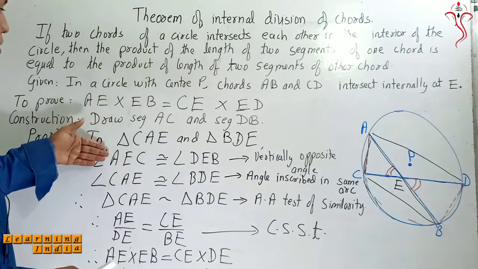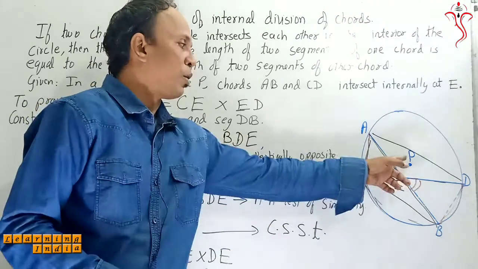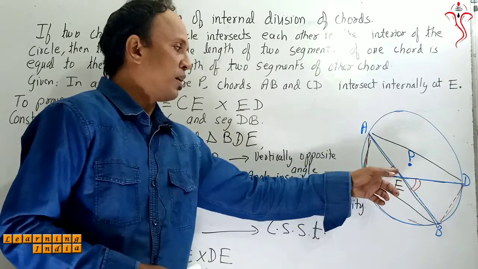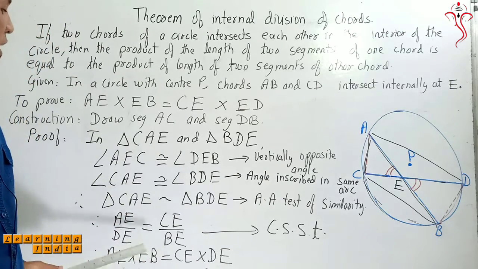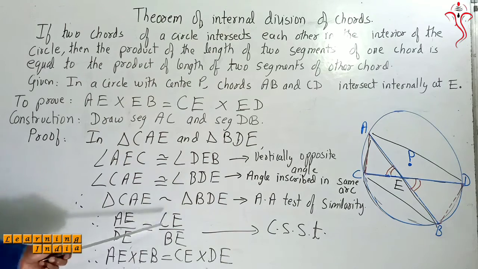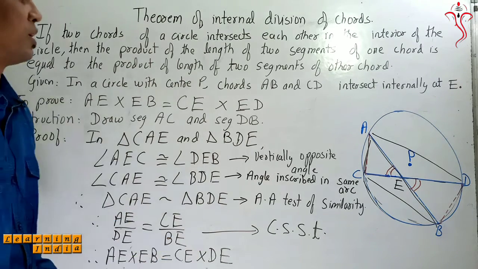In the same manner, by the AA test of similarity, both triangles are similar to each other. Then we write CSST: AE upon DE is equal to CE upon BE. Then we do cross multiplication and get the answer AE into EB is equal to CE into DE.